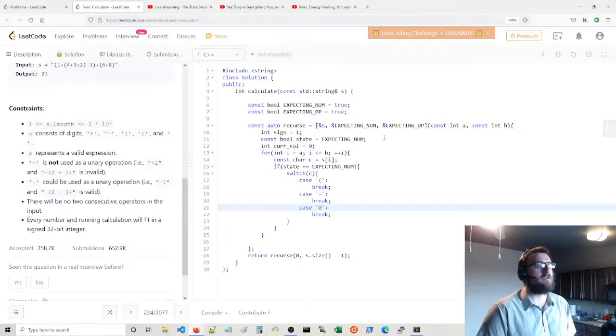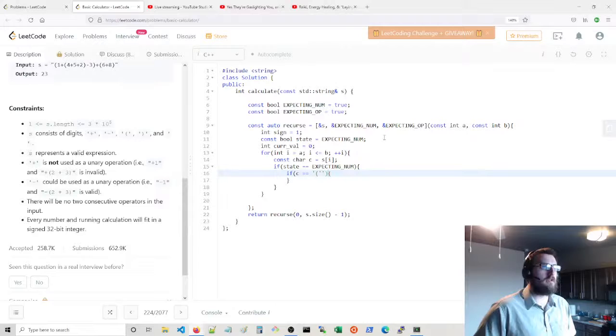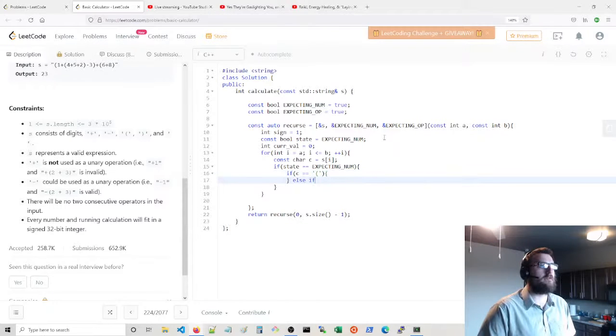Kind of want if statements then. Yeah, actually, we'll use if statements then. If c equals. Yeah, switch statements don't work quite as nicely for ranges of numbers, I think. That's kind of where we're going to struggle a bit. It could be opening parentheses, it could be another thing, it could be a digit, could be unary, right?